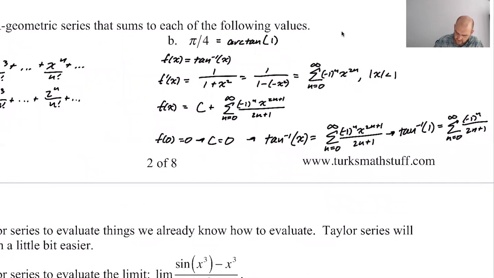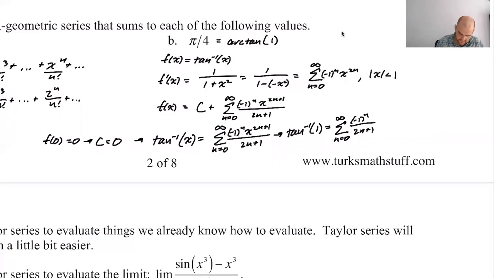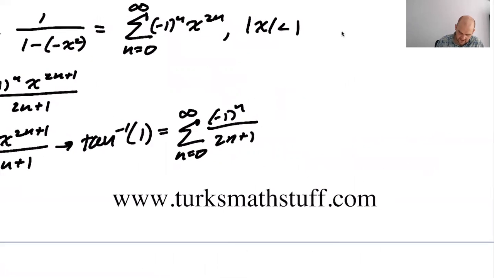I'm going to move everything over so that I can actually write it. So here, okay, this is actually kind of interesting. So pi over 4 is arctan of 1.